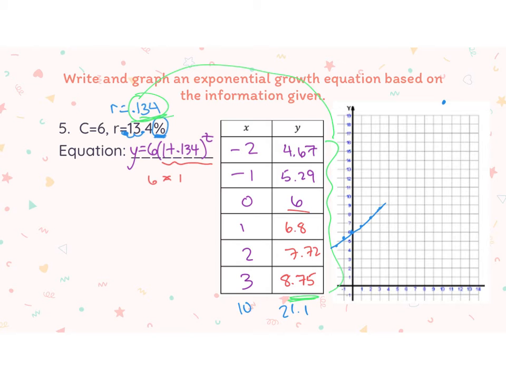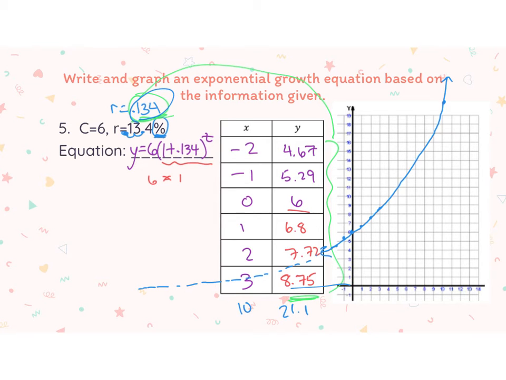So that just helps me connect my curve. I know that it's going to go there and it's going to increase. And again, this is going to go down, but it's going to go down really gradual. It might not even approach 0 for a really long time out in the negative world if I were to increase my graph there. So really gradual increase, and that just comes directly from the fact that our growth rate is pretty low.